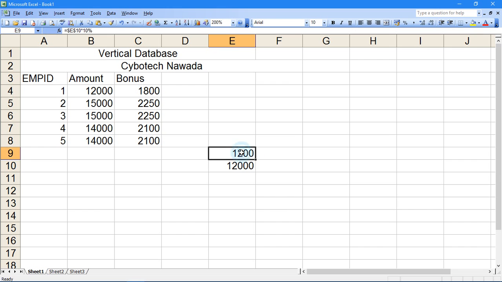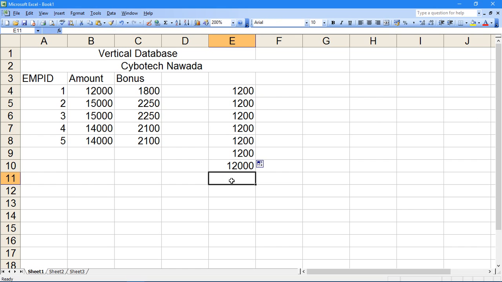Okay, it is fine. But see, now using the fill handle, if we copy it, nothing will change. Here it is E10. In this cell it is E10. In this cell it is E10, and so on.